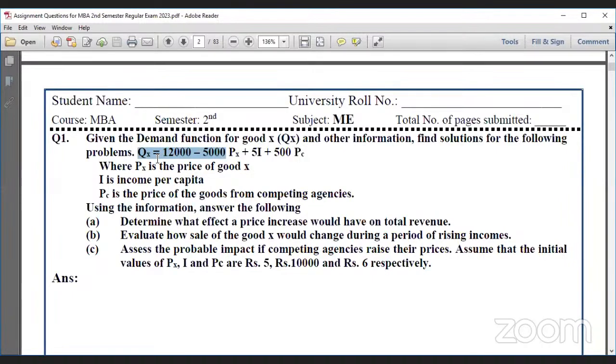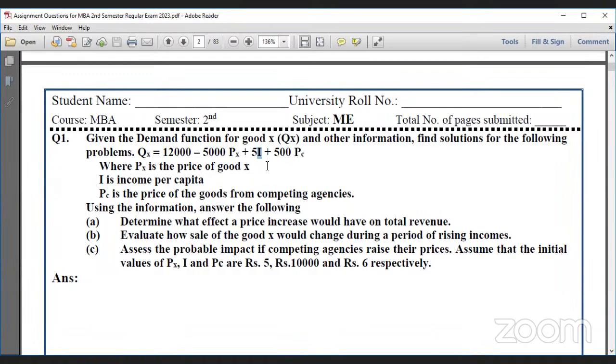Qx equals 5,000 plus 5i, where I is the income per capita, and 500 Pc is the price of the goods from the competing agency. Determine what effect a price increase would have on total revenue.